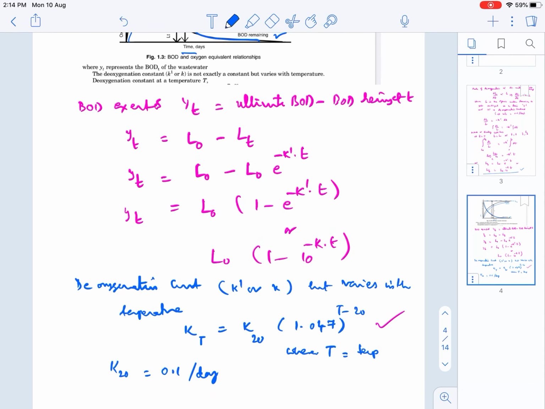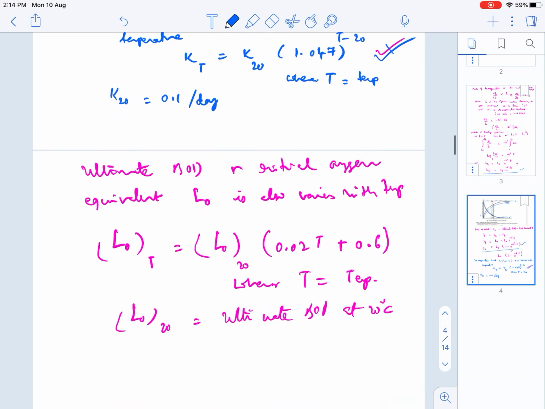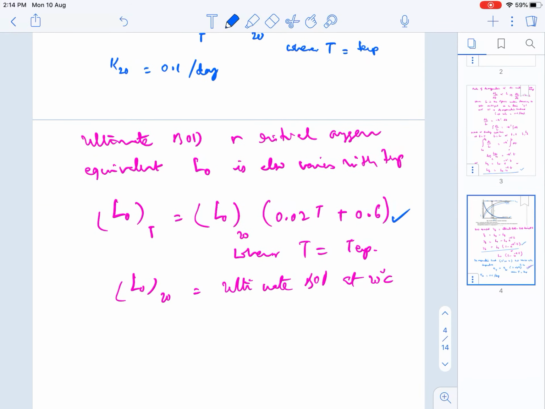Similarly, the BOD exerted YT is equal to L0 into 1 minus e to the power of minus k dash into t. This is the deoxygenation constant variation with the temperature, and this is the formula we'll use for the variation of ultimate BOD with the temperature.